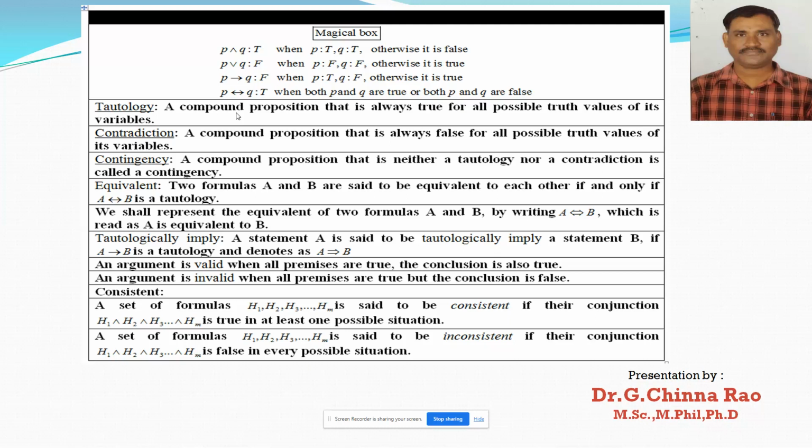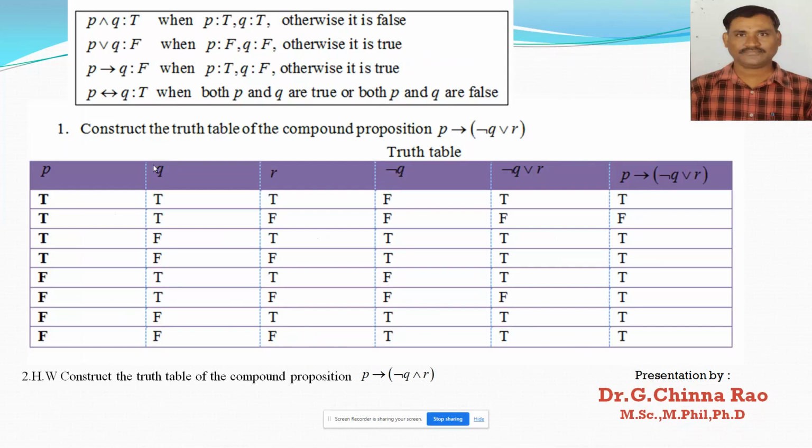If all are true, then it is a tautology. If all truth values are false, then it is a contradiction. If the compound proposition contains some true, some false, then it is called a contingency. So you have to keep in your mind these three definitions, then follow.